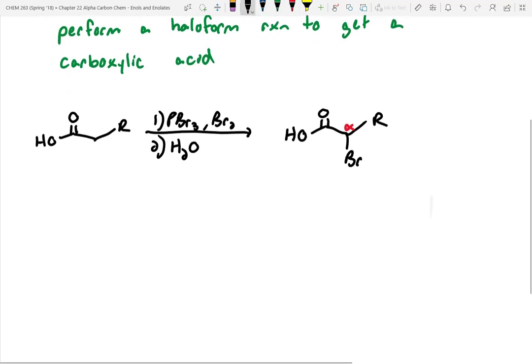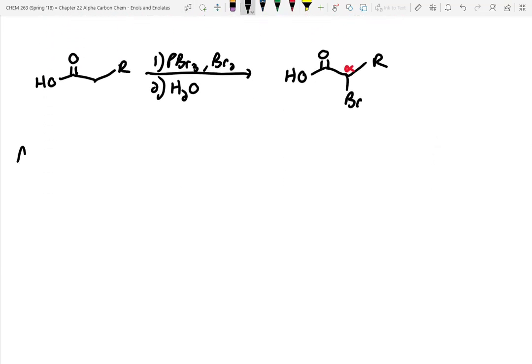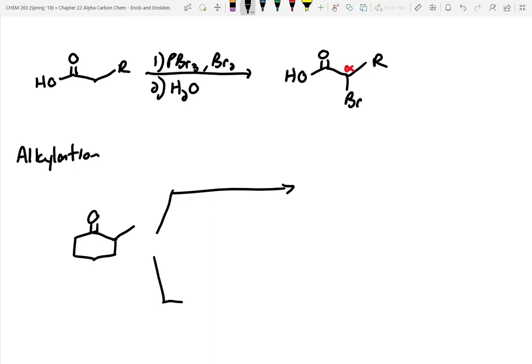All right, we also saw alkylation. We saw that there was actually a few different ways to do this. So I'm just going to stick with the example we did in class, where we've got this cyclic ketone. We've got one set of reagents that will do alpha functionalization on the right-hand side, meaning we're going to alkylate the more substituted carbon.